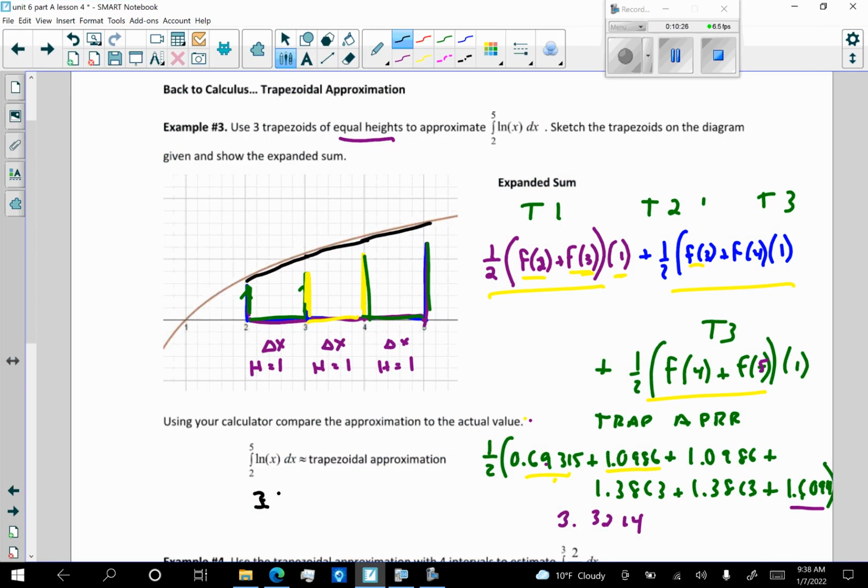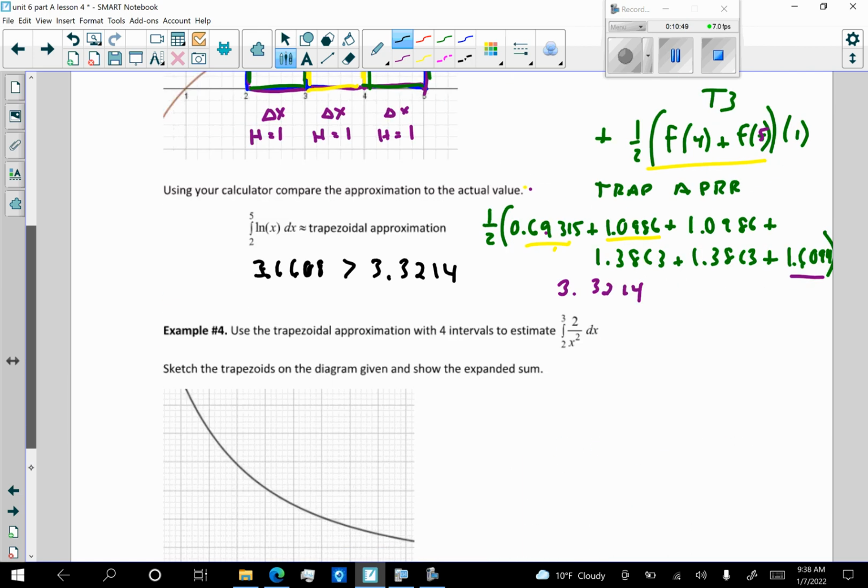That's the actual area, and that is indeed greater than this approximation. But notice that approximation is very, very close. So the trapezoid approximation gave us a very good estimation for the actual definite integral.